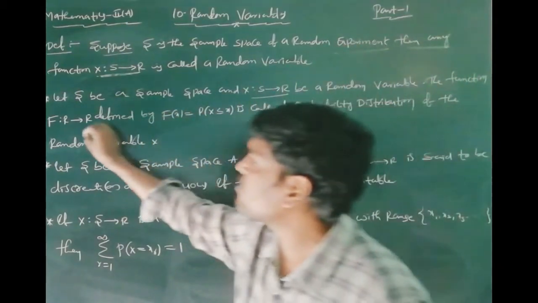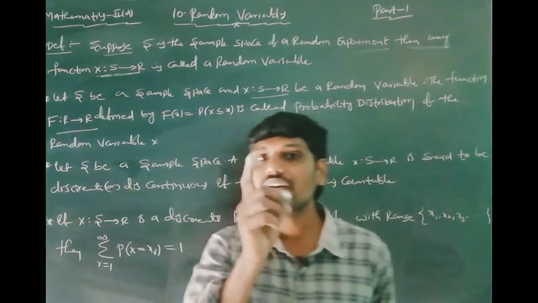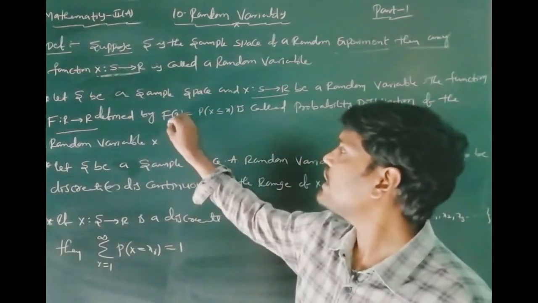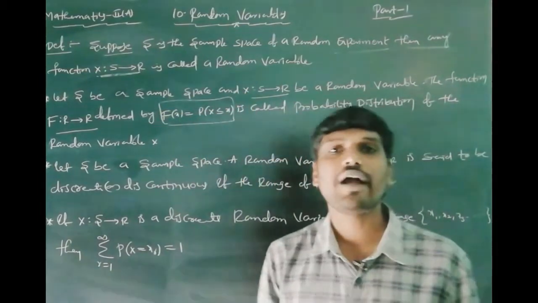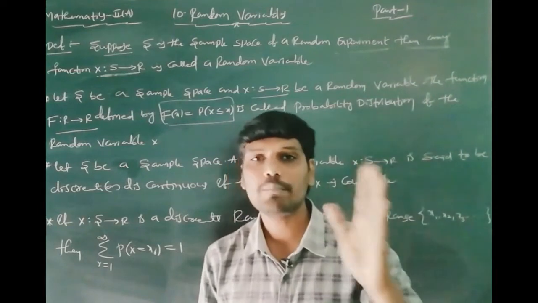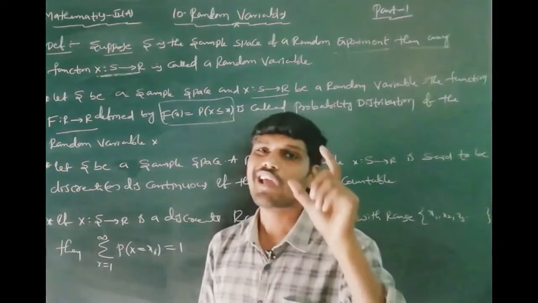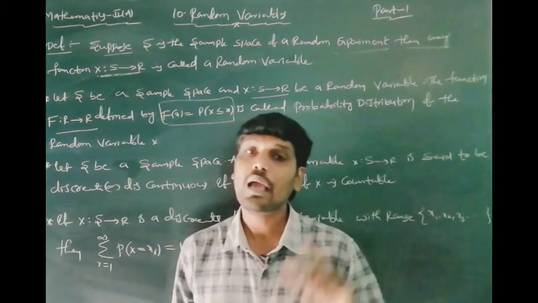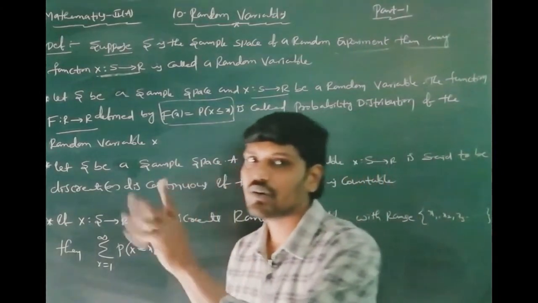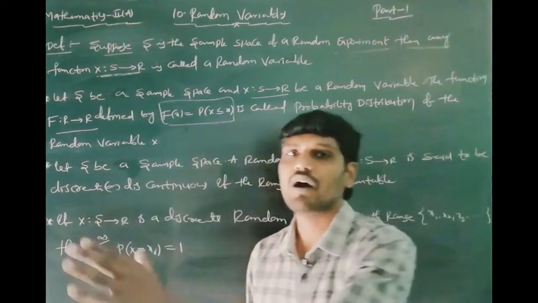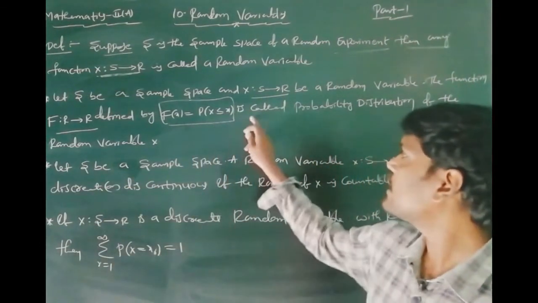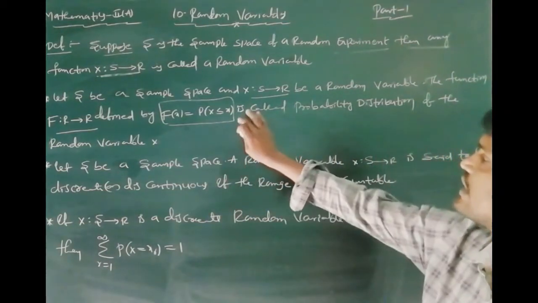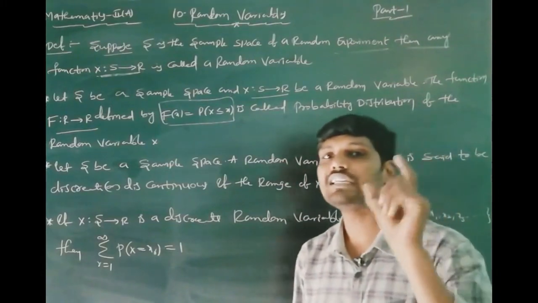Then the function F from R to R is defined by F of x equal to probability of capital X less than or equal to small x. Here it is called the probability distribution of the random variable. This function F of x is called the probability distribution function.